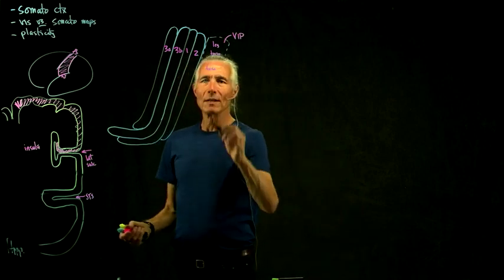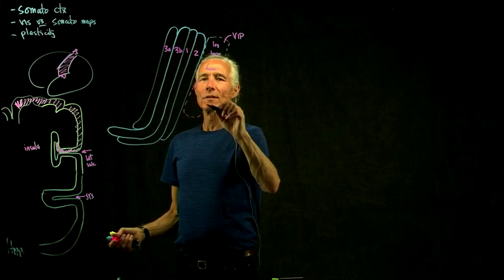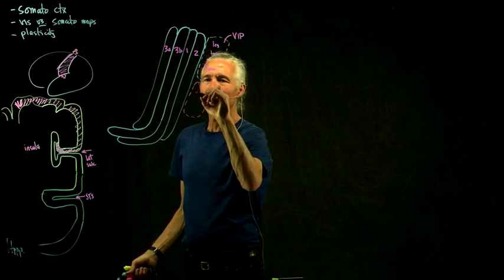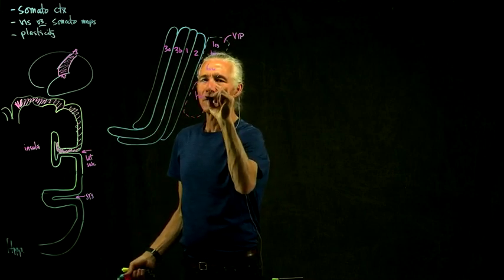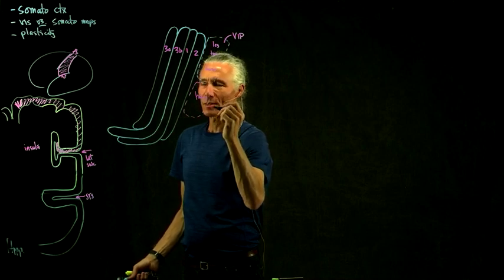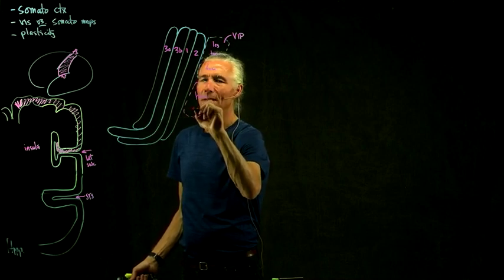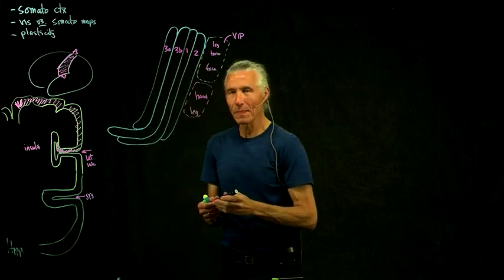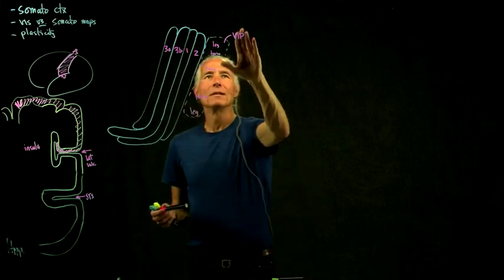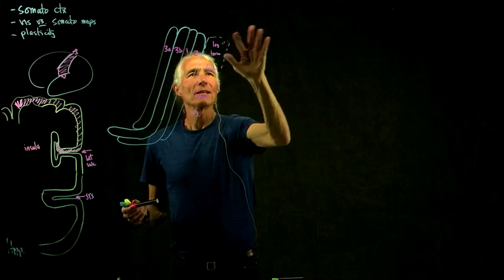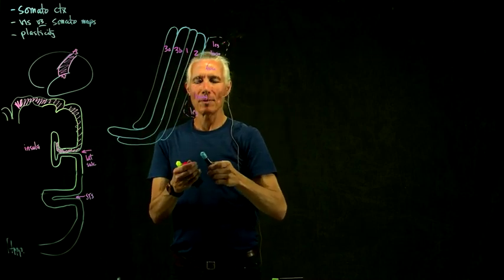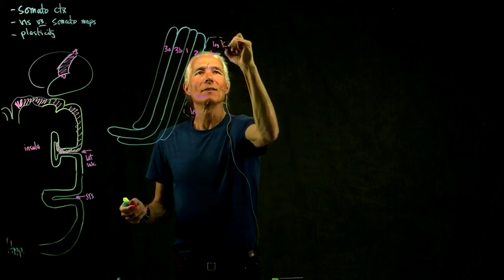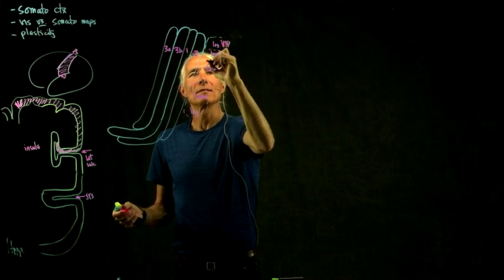And if you go a little bit further over, you've got hand over here with some visual stuff on top of it, and a little bit of leg also, especially the movable part of your leg. And that area is called AIP for anterior intraparietal. So this guy is VIP, and it's kind of divided up.